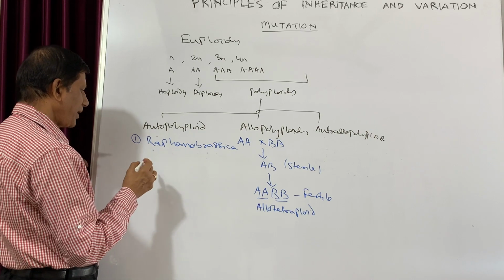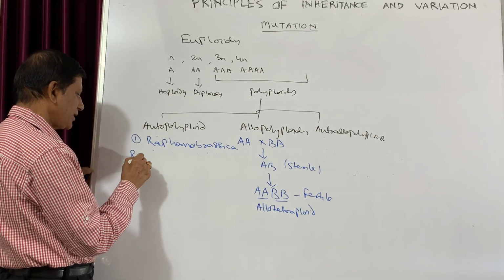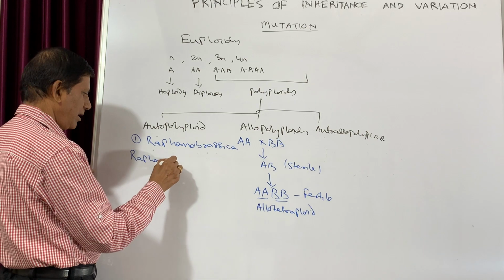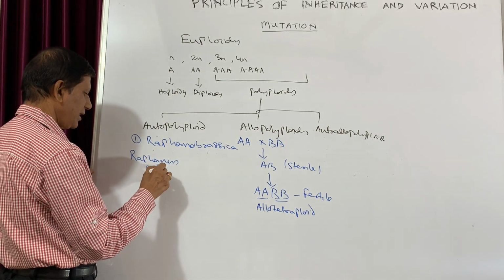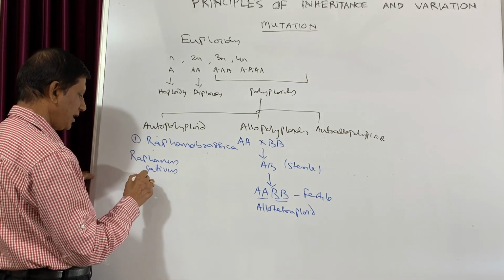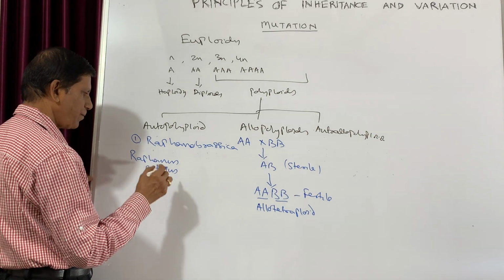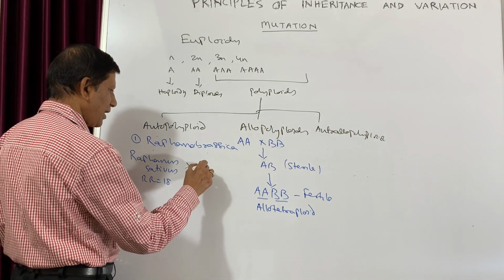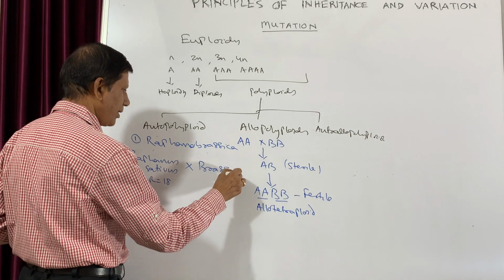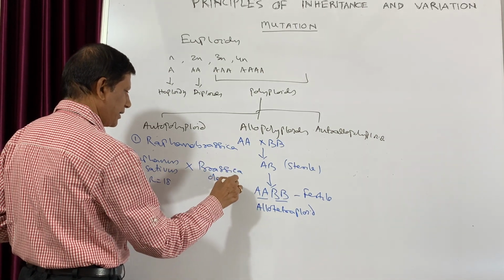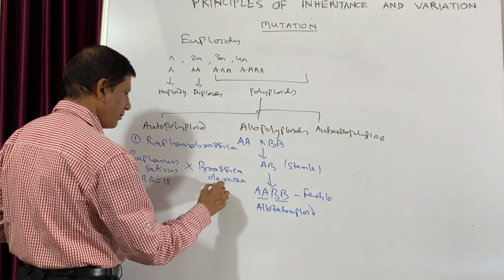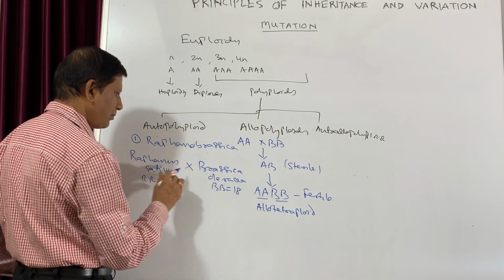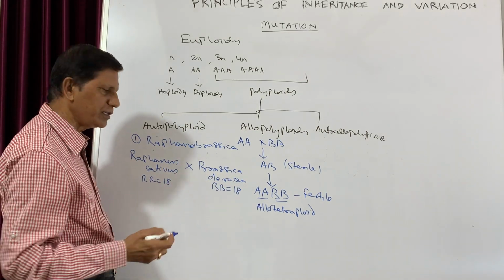In case of Raphanobrassica, the Raphanus sativus is radish, and here the chromosome number is 18. Then it was crossed with Brassica oleracea. Here the chromosome number is also 18, and both of them belong to the same family, Brassicaceae.